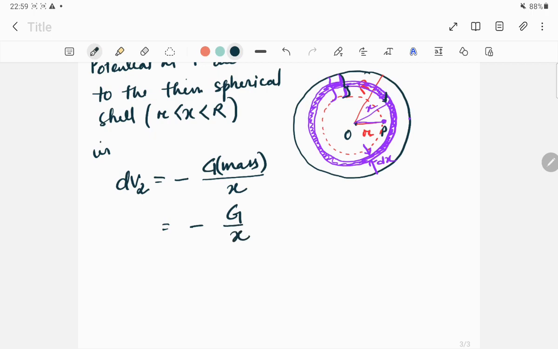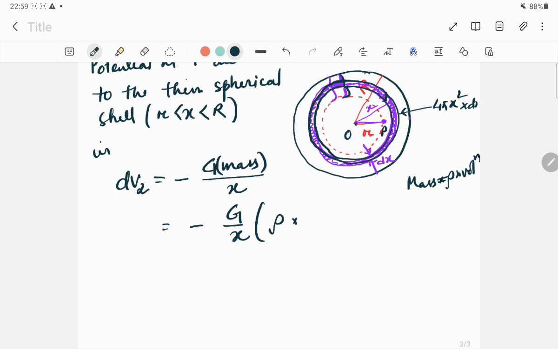Now if I talk about mass, mass is nothing but rho into volume. So here again, rho into volume. What is the volume here? We need the volume of this thin shell, as you can see I'm drawing with a black ring. The surface area of the shell is 4 pi x square.